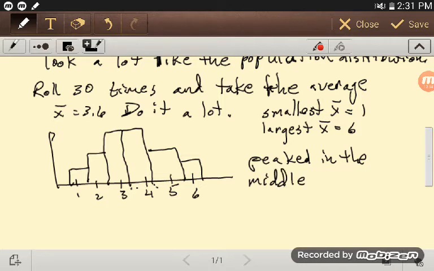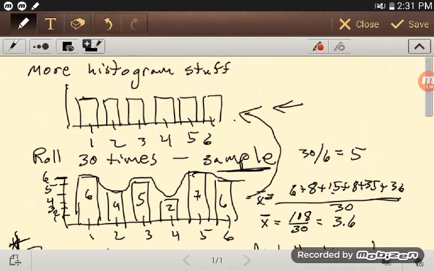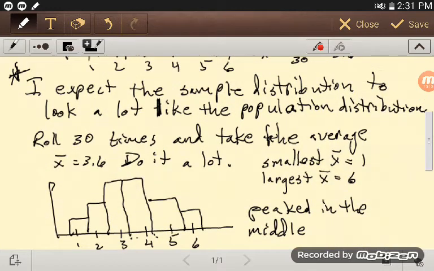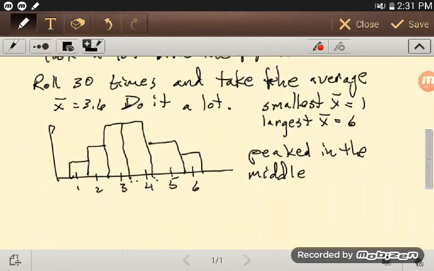And that looks very, very different from the population, right? So the population looked like that. A sample distribution looked kind of like the population. So that's what we said here: I expect the sample distribution to look a lot like the population distribution.